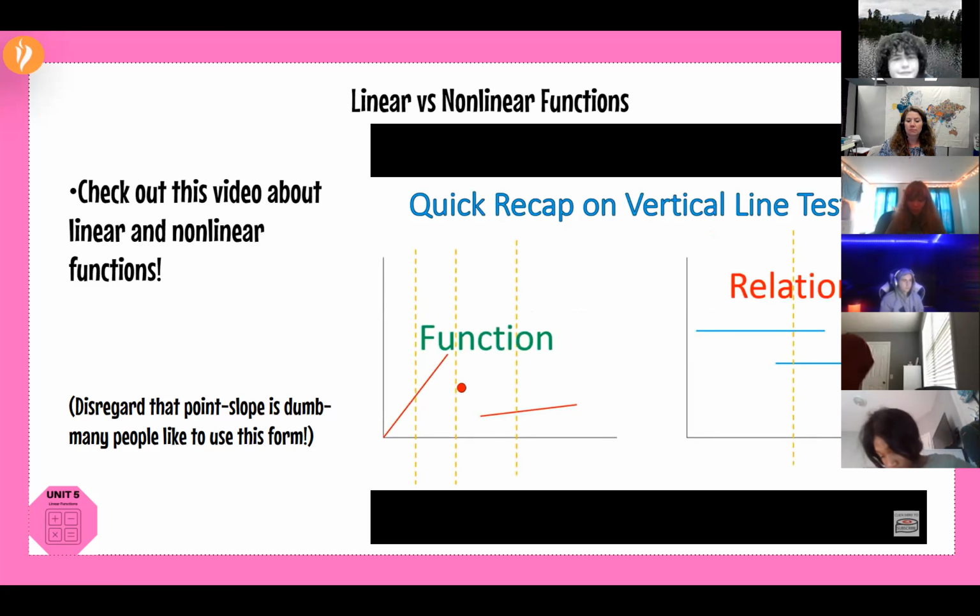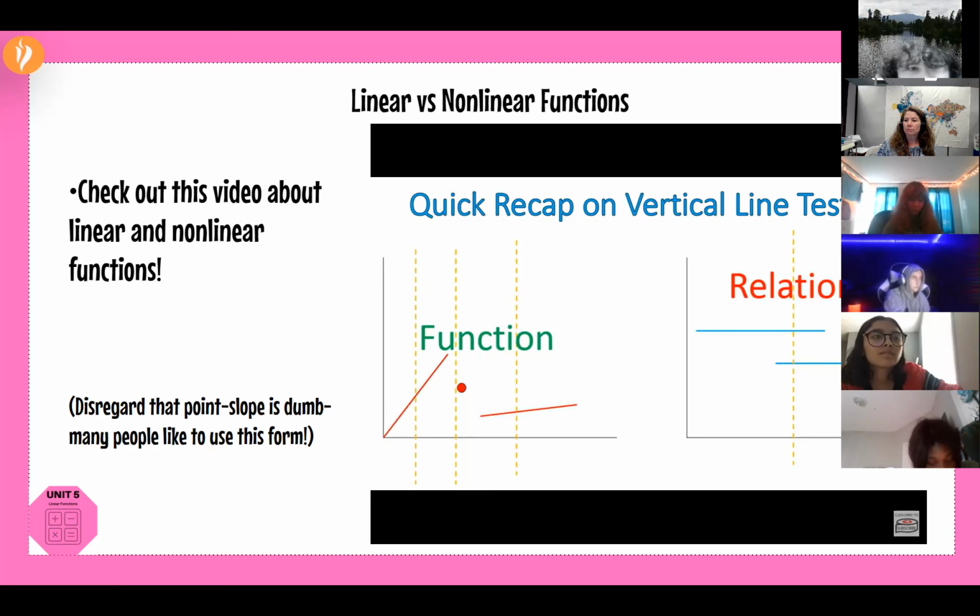A relation is just any set of ordered pairs. So basically if a vertical line would pass through 2 or more points, then it is no longer a function. You'll see that with a line, as long as it's not a straight vertical line, it would be a function because a vertical line would only touch it in one place.